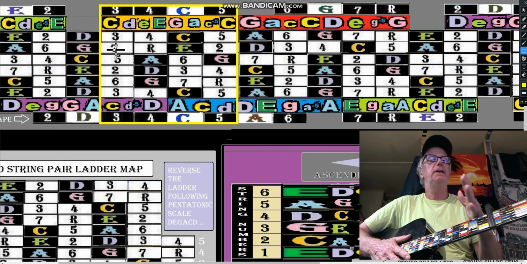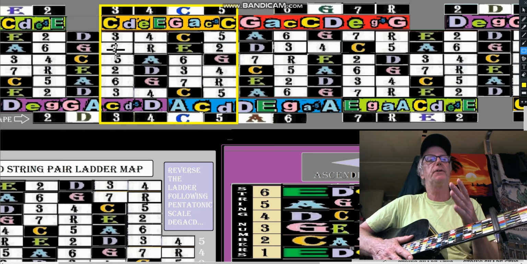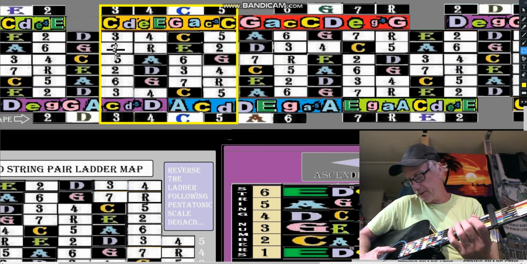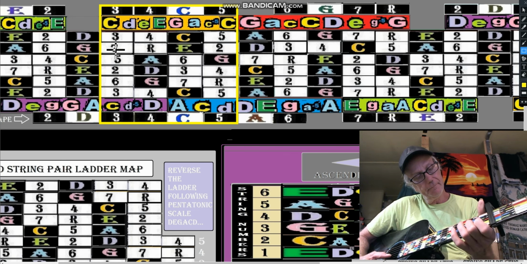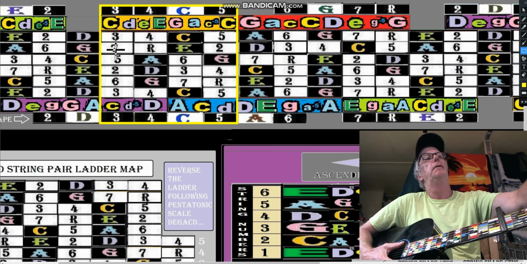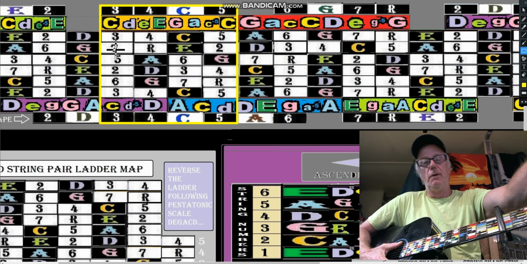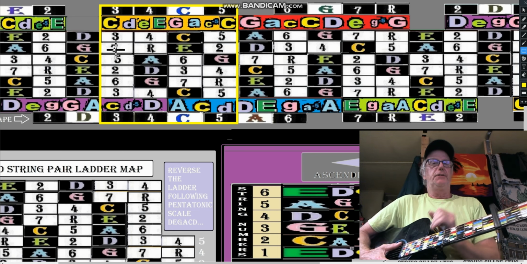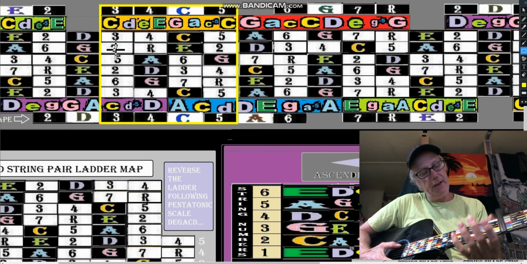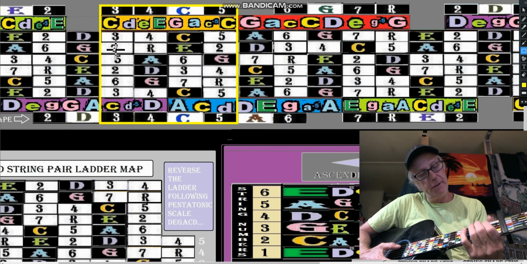So that key of C pentatonic scale goes like this. It's a pentatonic scale. That's in the key of C. It's not the pentatonic scale that's in the key of A. That would go like this.